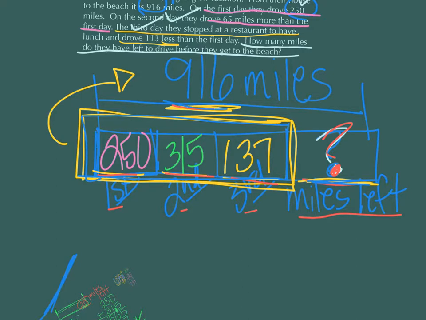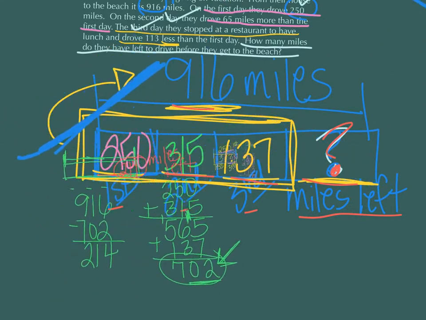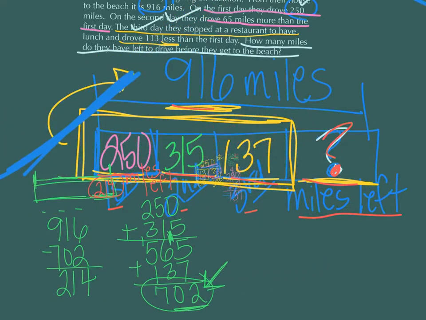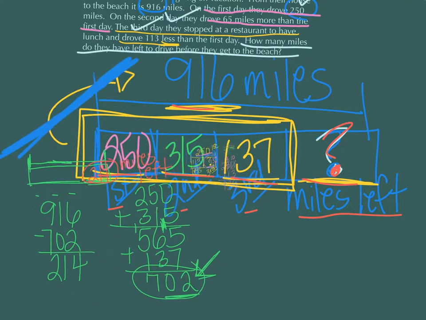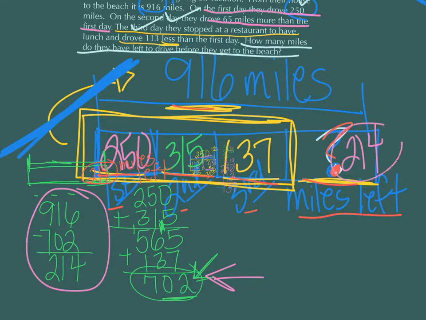And we came up with 214. When we added all 3 of them, we ended up with 702 as our answer. Then we subtracted 702 from the 916 to get 214. That's how many miles they had left to drive. Whew!